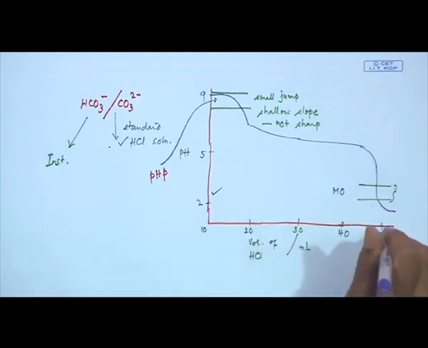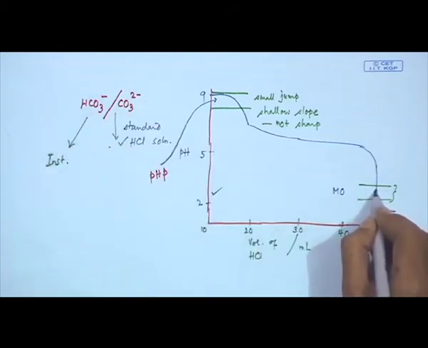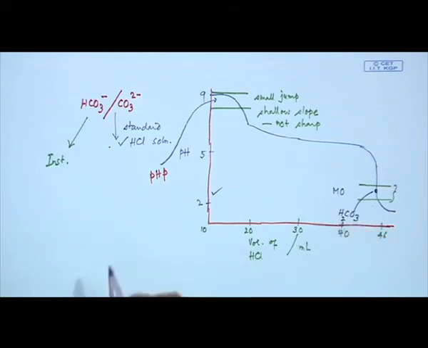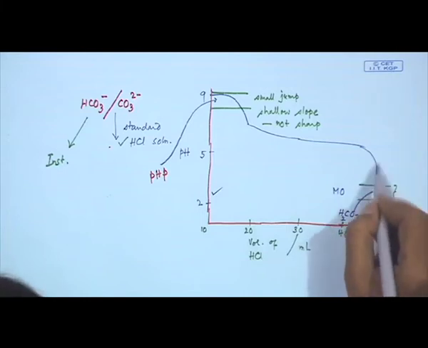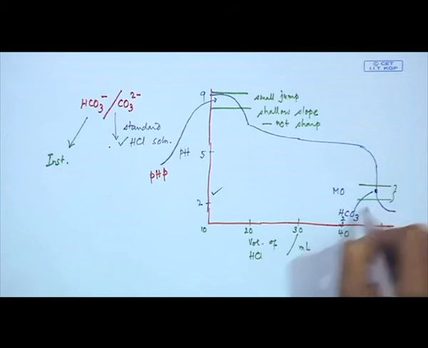If you add methyl orange, at this point, the midpoint, we get the formation of carbonic acid, H2CO3, and that can be detected with a very small addition of hydrochloric acid, a sharp change, and the color change is also very sharp using methyl orange.